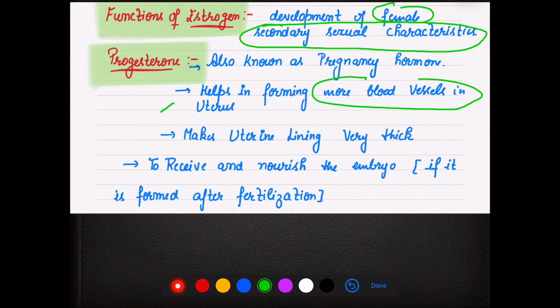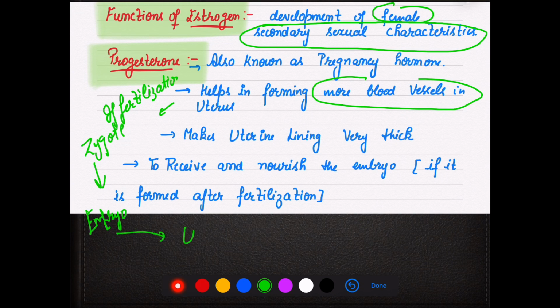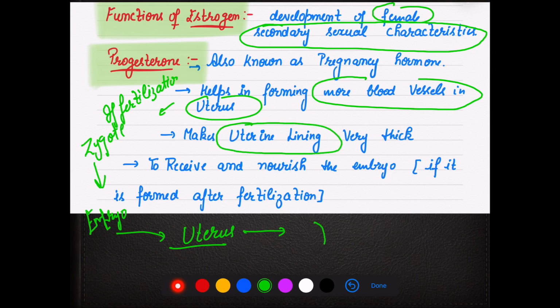Because if fertilization happens, zygote बनेगा, zygote के बाद embryo बनेगा. So this embryo will develop where? In the uterus. So this progesterone starts developing more and more blood vessels in the uterus, due to which uterine lining, uterus की जो lining है, ये वाला जो uterus का basically portion है, this uterus lining becomes very thick, right?